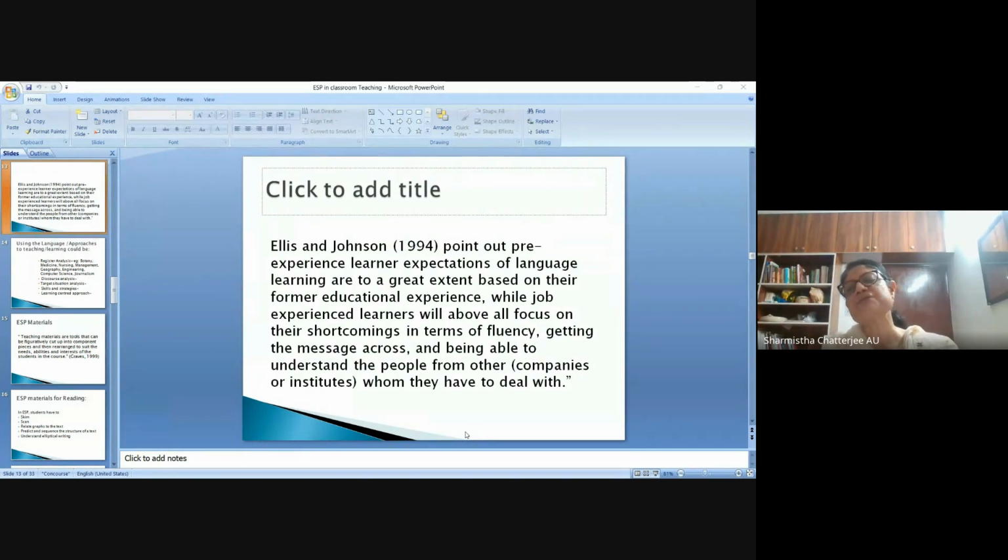Talking very fast or slow actually depends on individual idiosyncrasies. Some people talk fast, some people talk slow. But fluency is to be able to hold on to a tempo which helps your learners to understand you. If you talk very fast in your class, your children won't be able to understand it. And that fluency will also help you to get across the message.